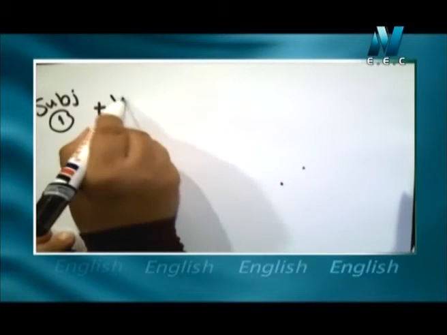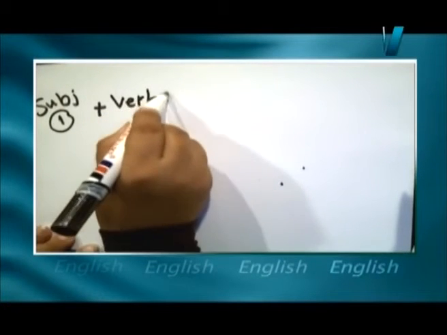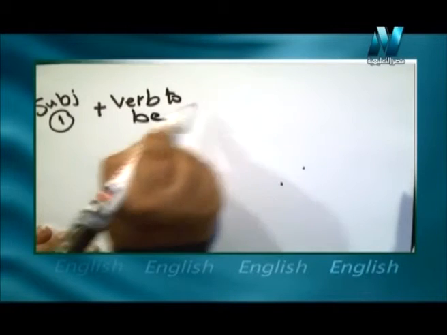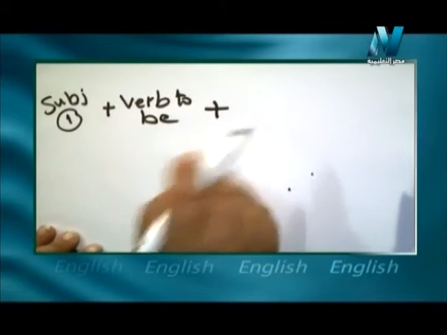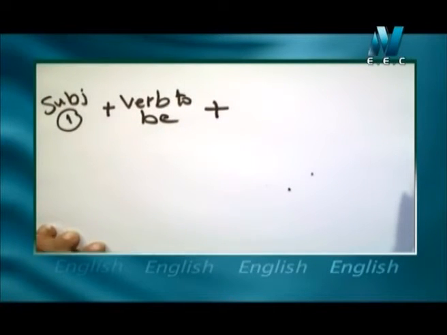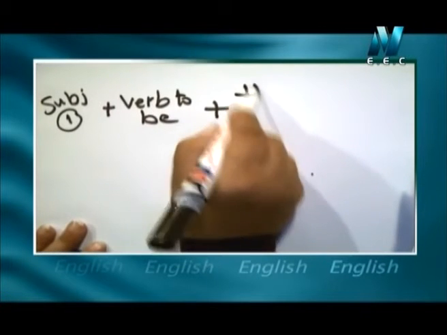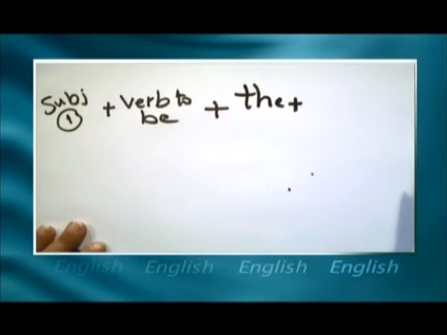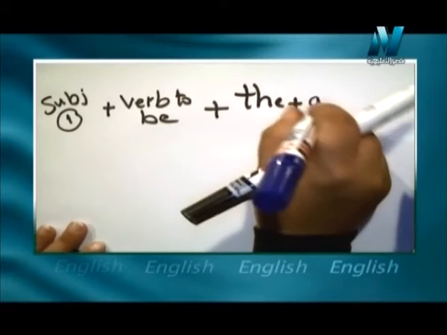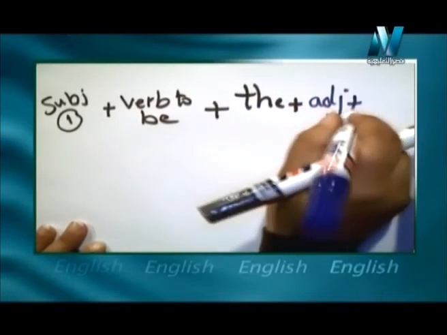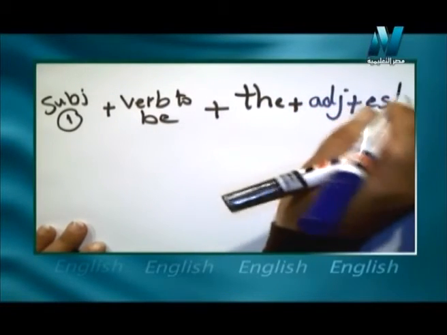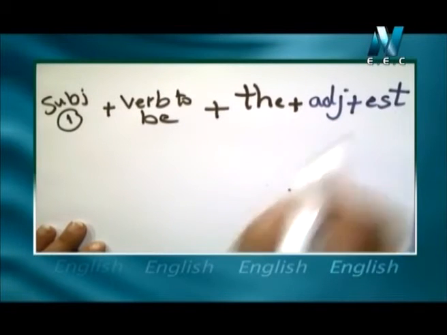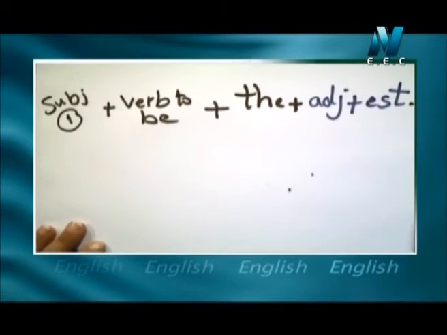Verb to be. The subject, verb to be, the, and then the adjective plus est, and then the rest of the sentence.